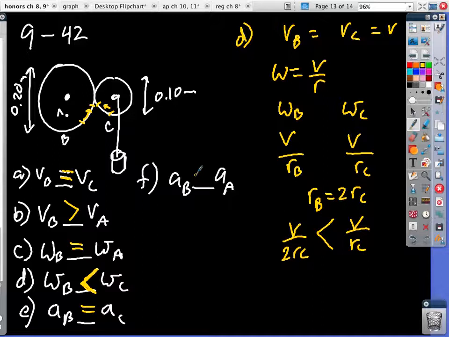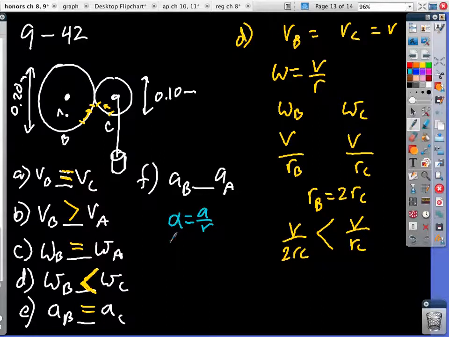When this thing starts spinning up, their angular acceleration should be exactly the same because they're connected to the same thing. We can do it this way: angular acceleration is equal to A over R. So it's the same argument as over here.